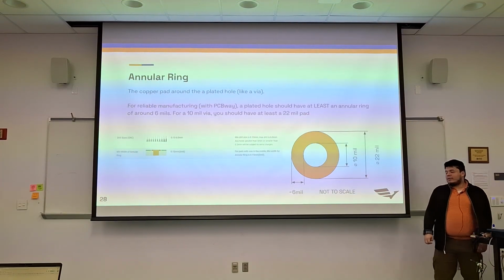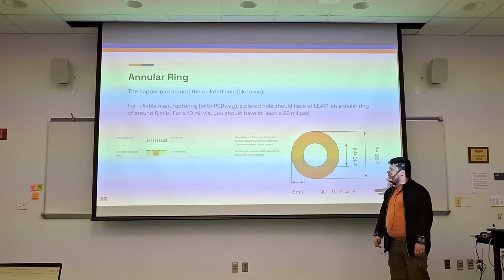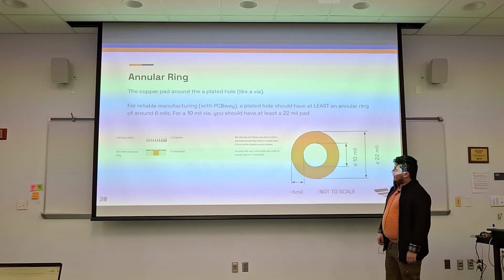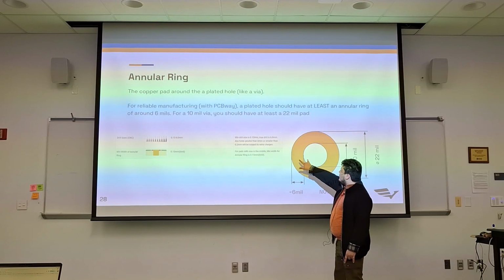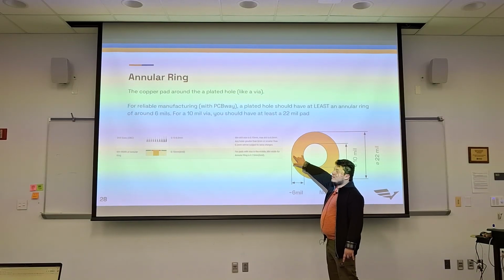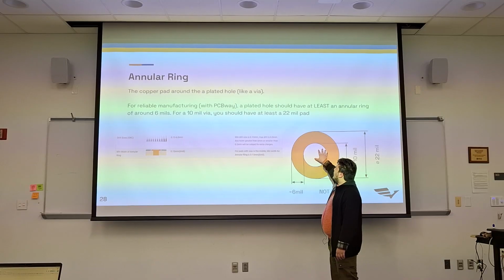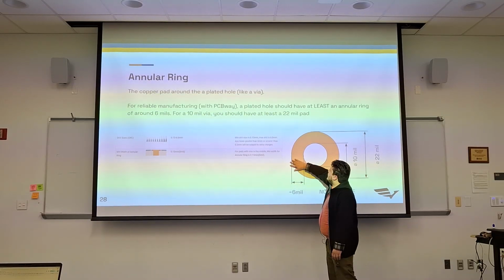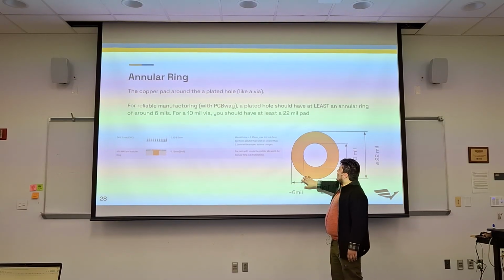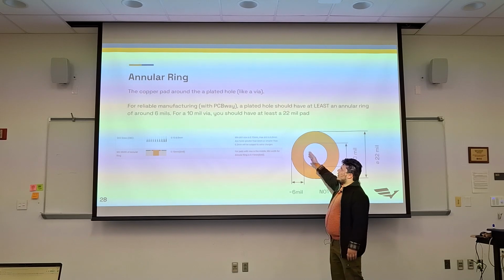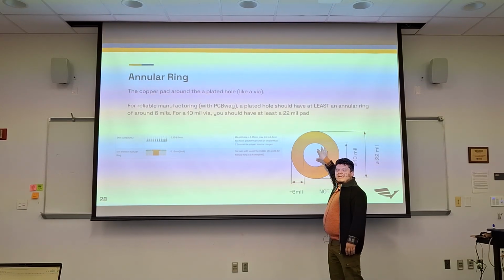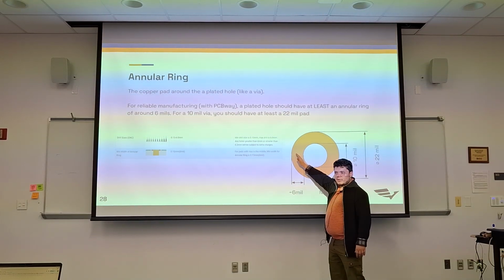And so the other thing with via design is the annular ring. The annular ring is just how big that ring is. If we assume that this is our via hole, not to scale, we need to have some amount of ring around the via, right? Because we need to make the connection. This plated hole needs to connect to copper.